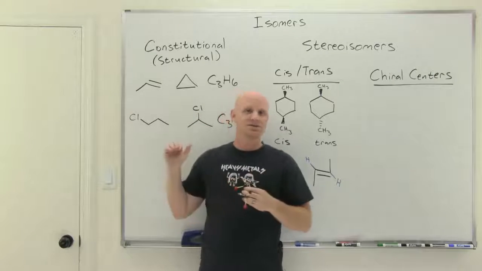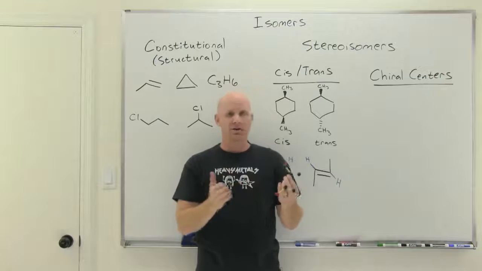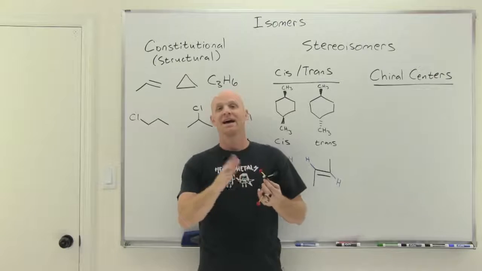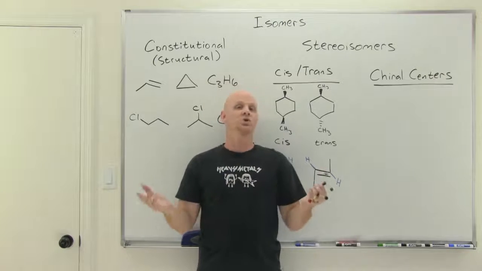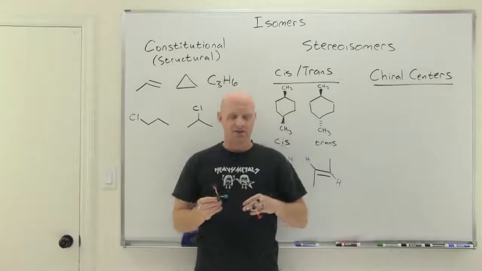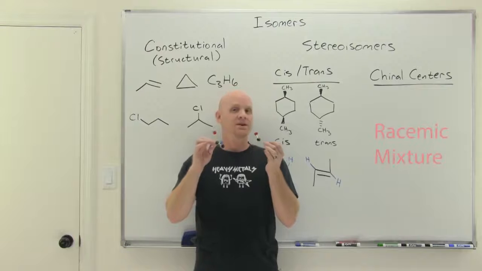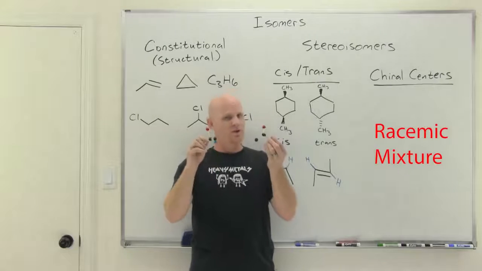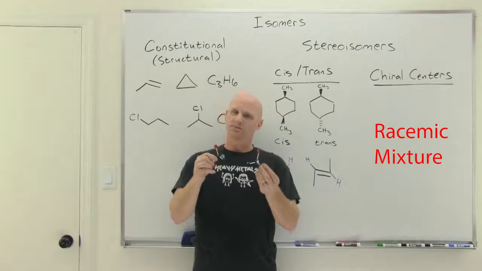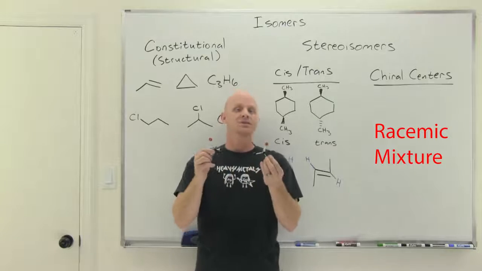On average, the light's going to encounter an equal number of molecules as it makes its way through the solution, and therefore, on average, not get rotated at all. They give a special name to a solution that's got a 50-50 mixture of enantiomers, and that is a racemic mixture. Cool, so another vocab word: racemic mixture, a 50-50 mixture of enantiomers, and a racemic mixture is not an optically active solution.